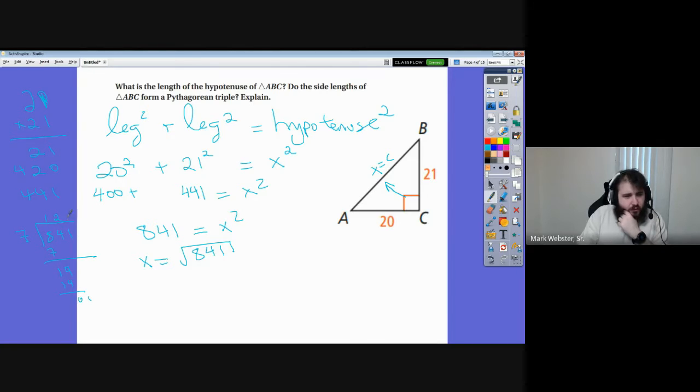Yeah, it doesn't go in. That doesn't come out evenly. Well, that didn't go in. 8, 9, 10, 11. 11 might go in.